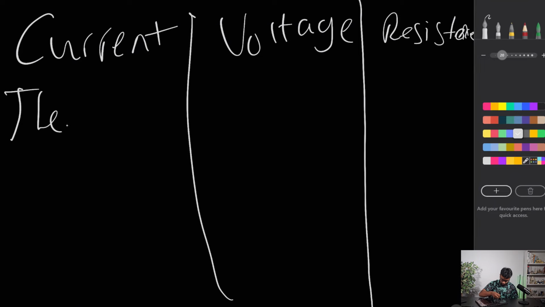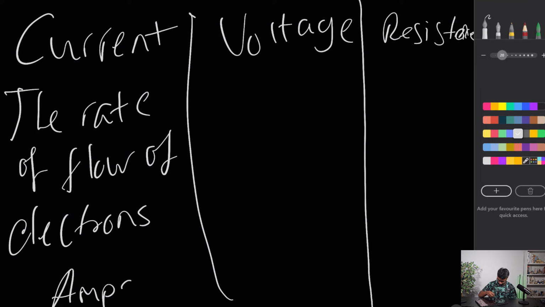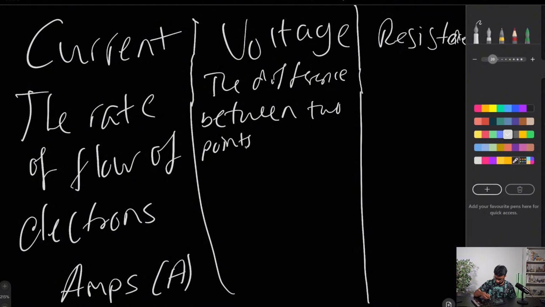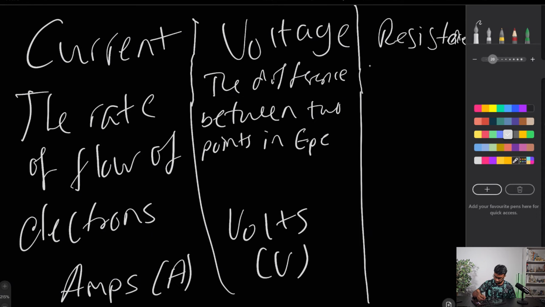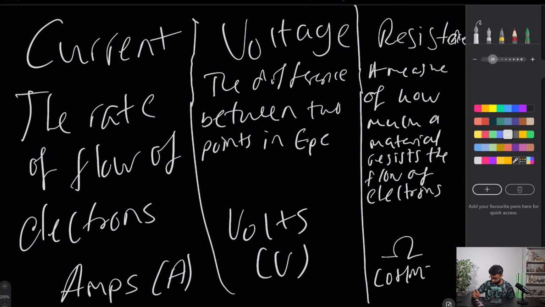So current is the rate of flow of electrons or charge, and the unit for it is amps or A. Voltage is the difference between 2 points in EPE, or electrical potential energy, and the unit for this is volts or V. Resistance is a measure of how much a material resists the flow of electrons or charge, and that is measured in ohms. And that is how you answer this question.